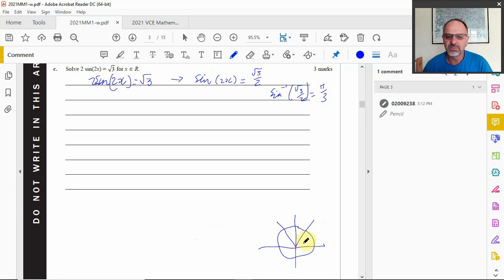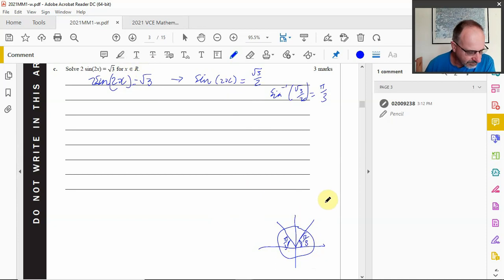So we're looking at possible angles there. Now that pi on 3 that I was talking about before, it's this size there, but this here is also pi on 3. All right, now in this case, because x is an element of R, we're wanting all angles, so we can spin around in circles all we like.